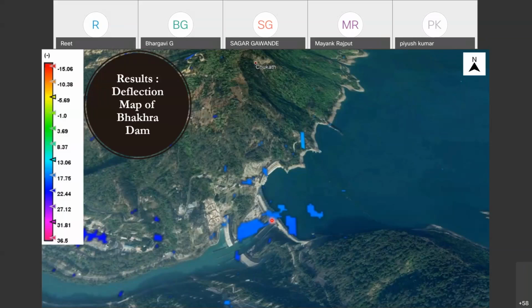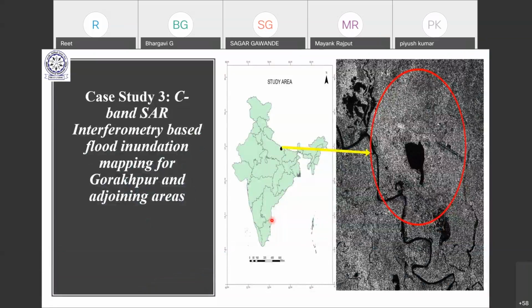Suppose there is a dry surface. The backscattering from a dry surface will be higher compared to the backscattering from a wet surface. The coherence will also decrease if there is a sudden or large change in the surface type, like in case of landslide.